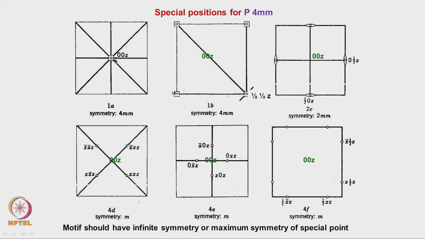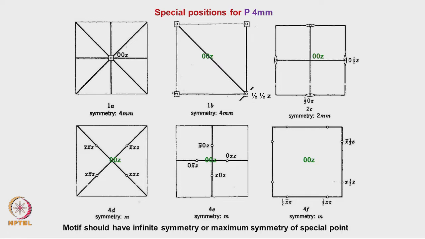That is, we can have a position where at the center we can put an atom, or we can put it at this particular position, or it can be kept at these positions, or we can put the motifs at these positions. All of them exhibit 4mm symmetry.